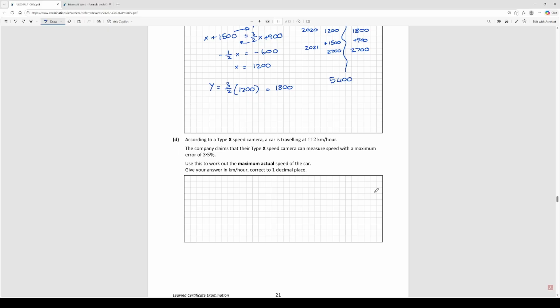So the camera has hit a maximum error of 3.5%. It measures speed with a maximum error, but we don't know if the error is going up or down. So 112 could be the camera saying it wrong, saying too fast or too slow.